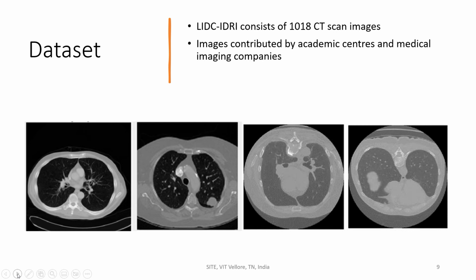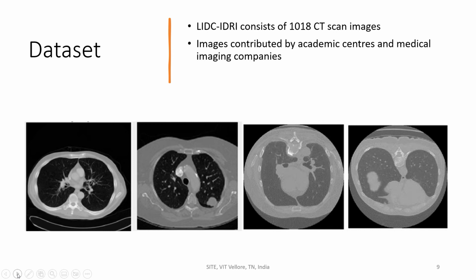As we can see, the data set is a little small with respect to the learning algorithms. In this data set, each CT scan image includes annotations from four seasoned thoracic radiologists on the lung nodules, and we have the DICOM images of the chest CT scans.